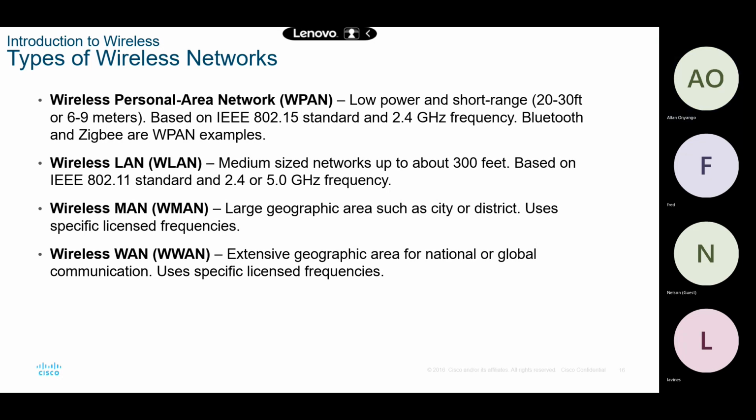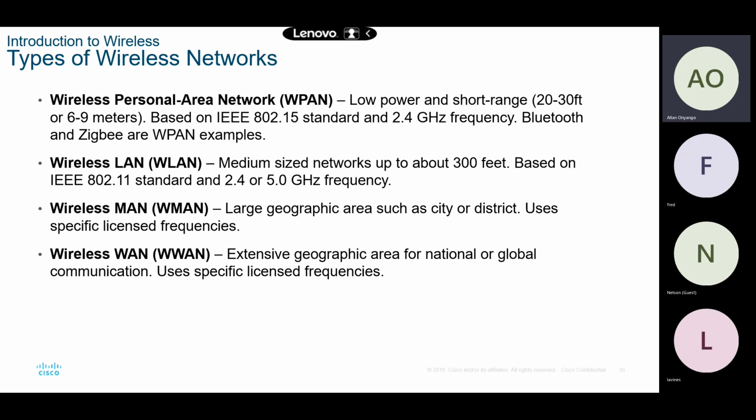And then, apart from the WPAN, we have the WLAN, the wireless local area network. This is what is popularly known as Wi-Fi. It's a medium-sized network that covers a slightly extended distance of about 300 feet.